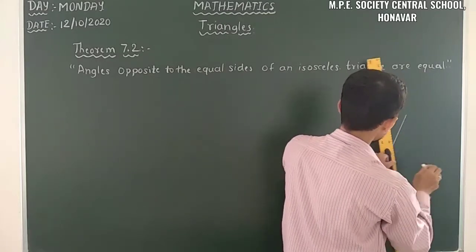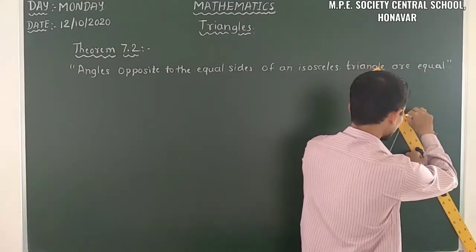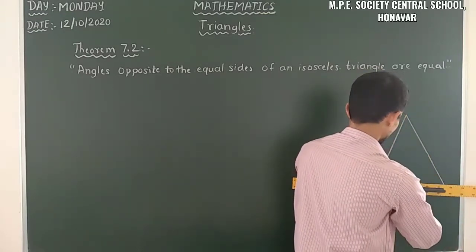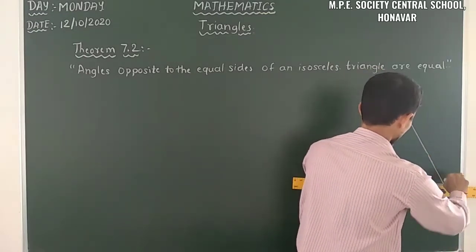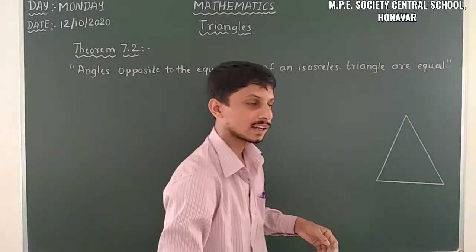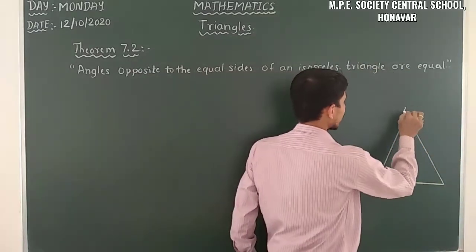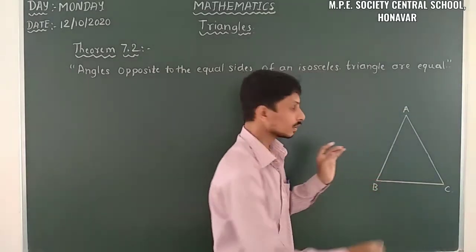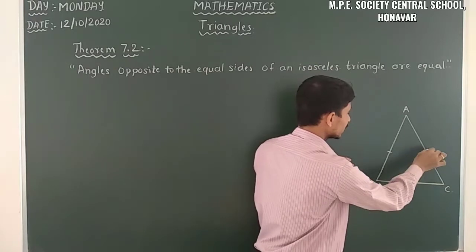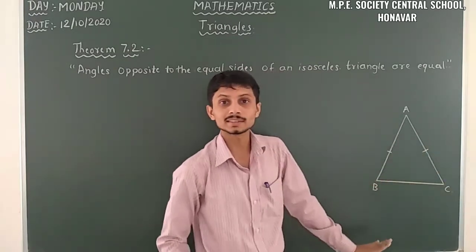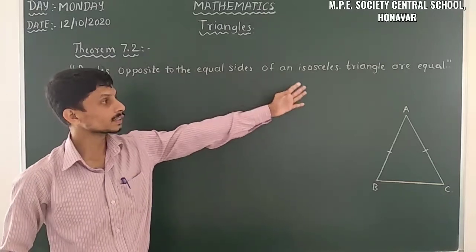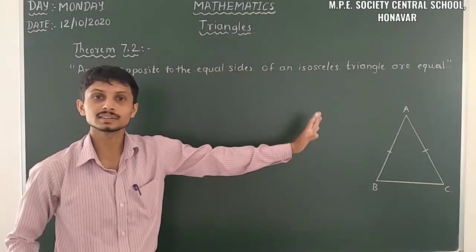Consider this as an isosceles triangle ABC. In that, I will consider AB and AC, those two sides, as equal. What is the given? Equal sides of an isosceles triangle, it is given.